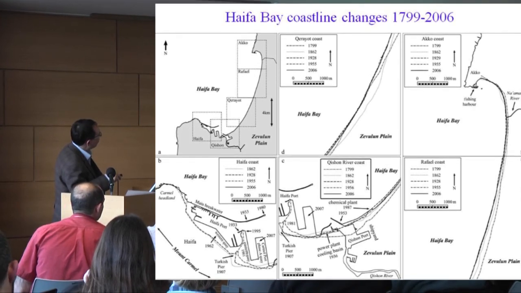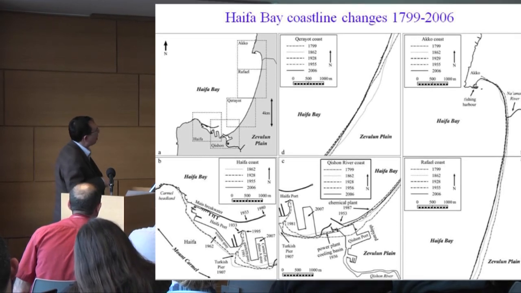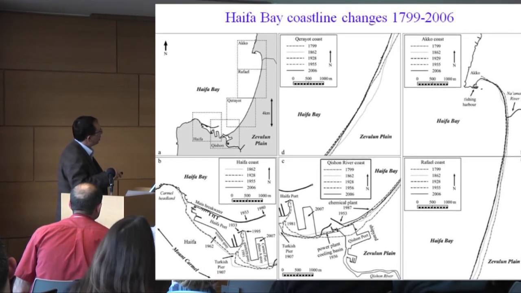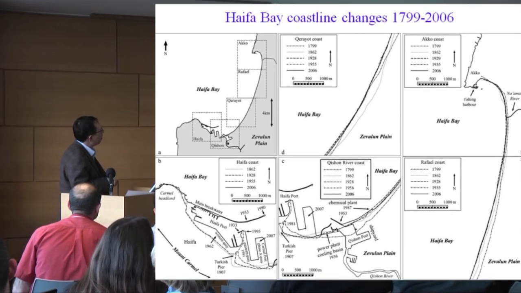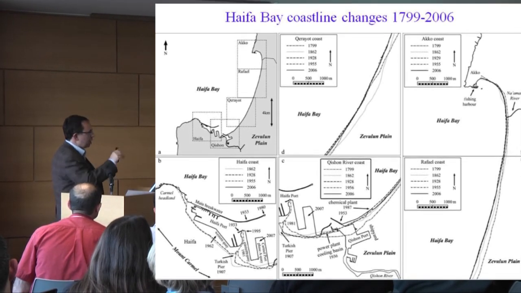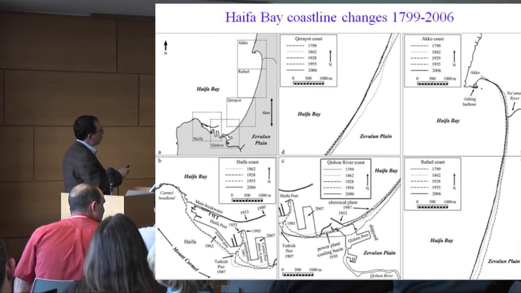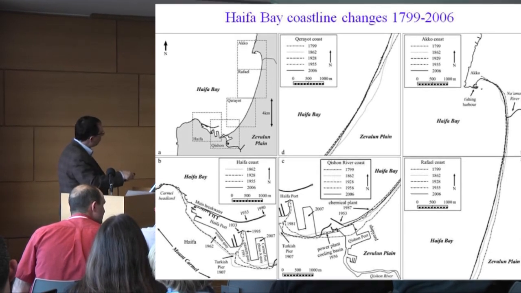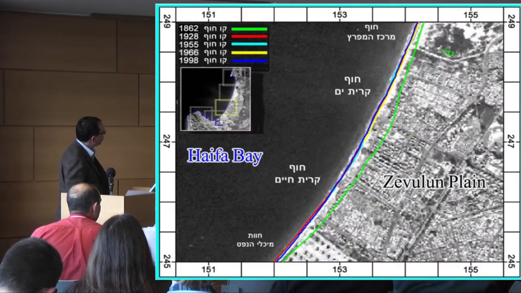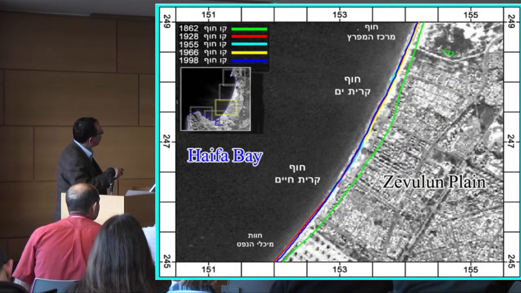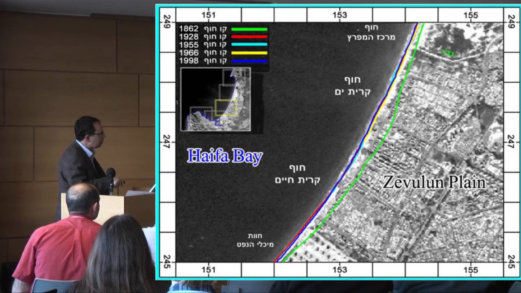In the eastern part of the bay, you can see that until the construction of the port, the coastline was progressing westward, and since the port was constructed, the bay froze. No sand continued to move eastward. All the sand stuck along the main breakwater, and since then, you can see that all the coastline here remains in the same position.